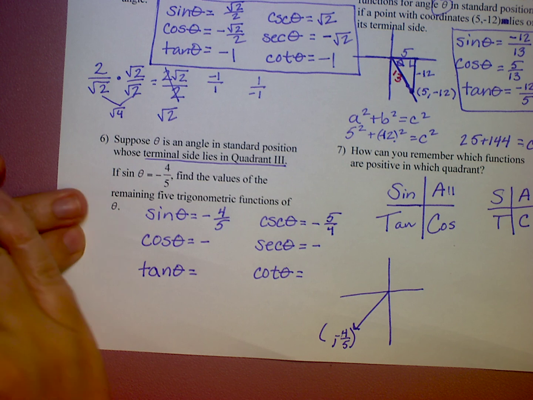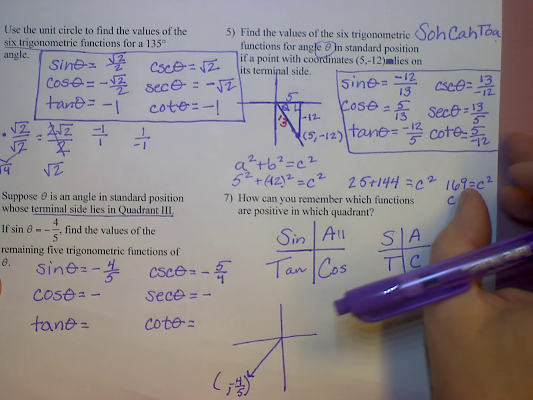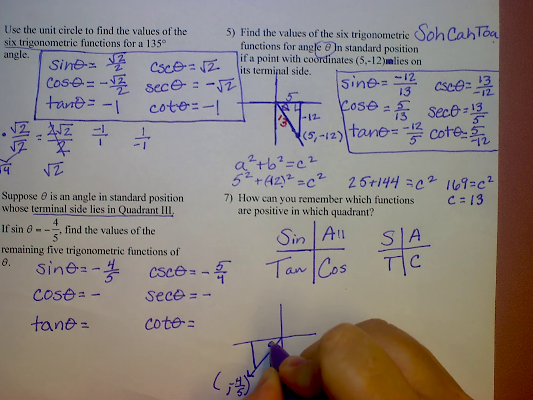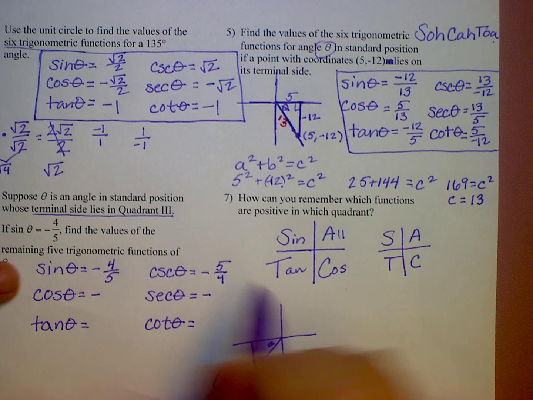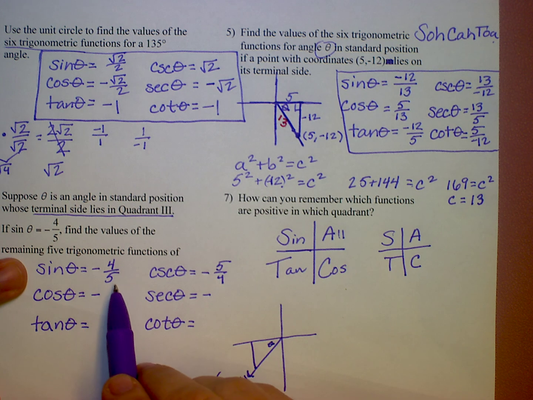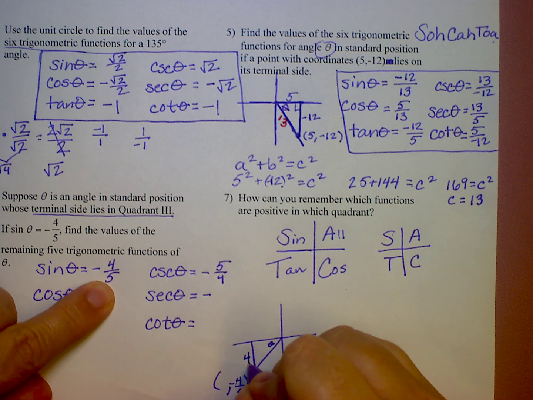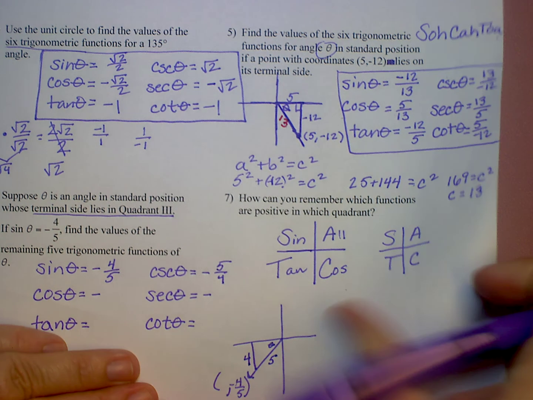Now let's think about our SOH CAH TOA again, what I had written up there. Okay? If I think about this as my theta, and isn't the sine the opposite over the hypotenuse? So I can call the opposite 4 and the hypotenuse 5 if I make a triangle like I did before.